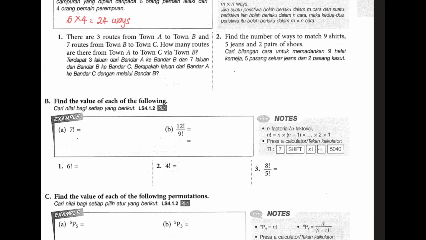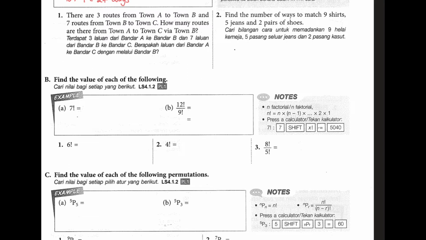Part B. Find the value of each of the following. This is the starting of factorial. This symbol in English we call an exclamation mark, but in mathematics we call it factorial. So what is meant by factorial? N factorial is n multiplied with n minus 1 multiplied with so on until 2 until 1.